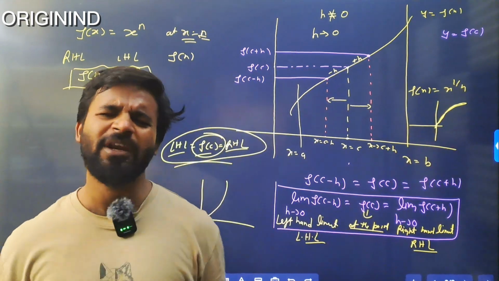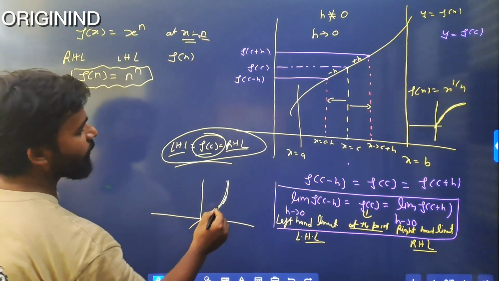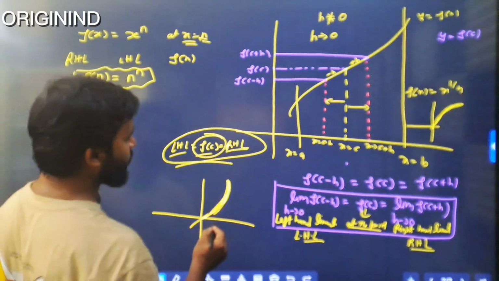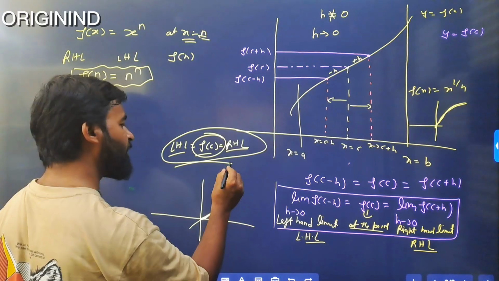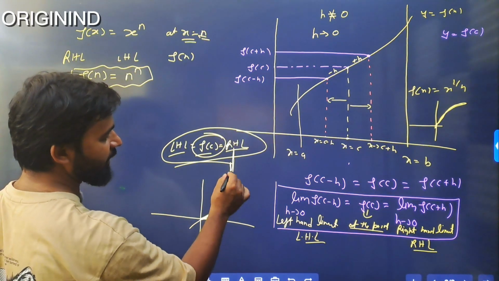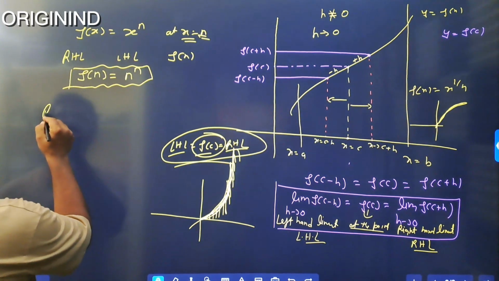We will discuss graphs one day. So the x to the power n graph looks like this. At x equal to n it is continuous everywhere. Looking at it graphically, we can say this graph is continuous everywhere.